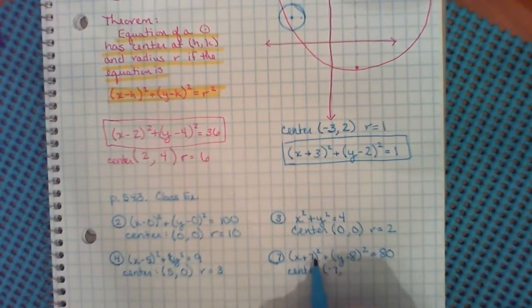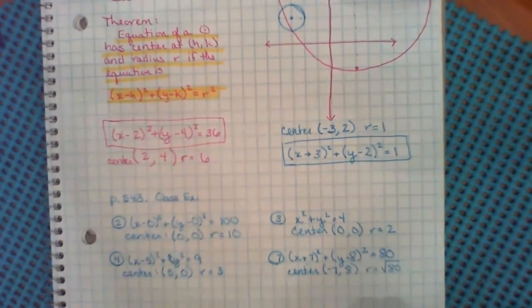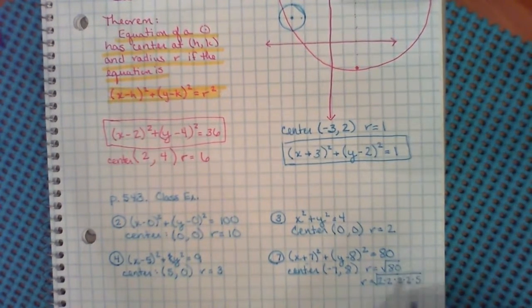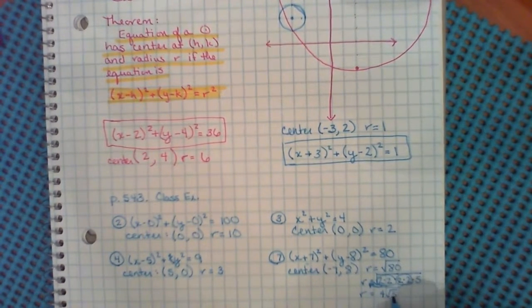The opposite of a positive 7 is a negative 7, and the opposite of a negative 8 is a positive 8. My radius is going to equal the square root of 80, but we can't leave it like that. That's the square root of 2 times 2 times 2 times 2 times 5. Two sets of 2's come out, which gives me a 4 on the outside, so 4 square roots of 5 for my radius.